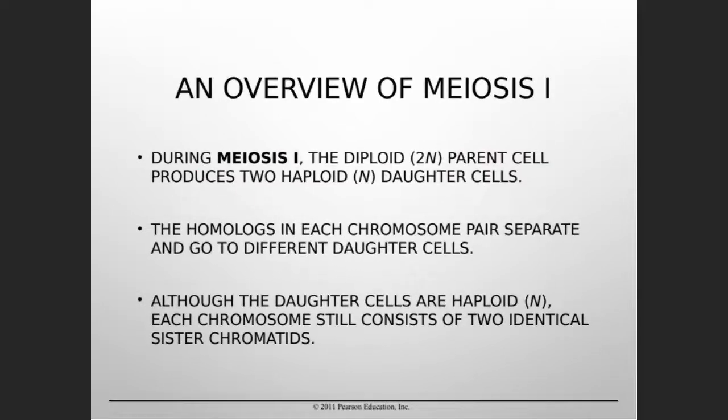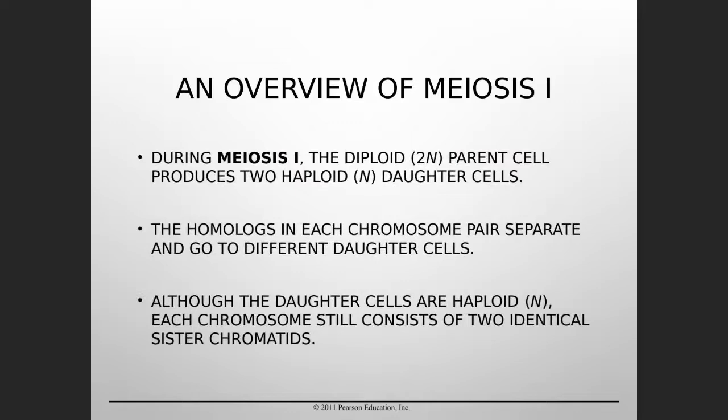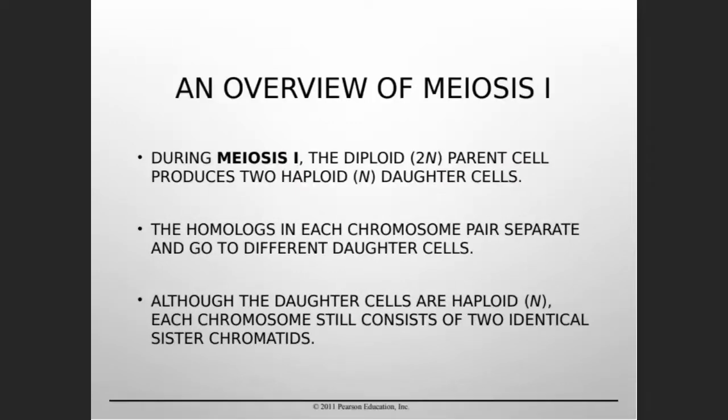That is the purpose of meiosis 1, to halve the ploidy number. The homologs in each chromosome pair separate and go into different daughter cells. And although the daughter cells are haploid, just N or 1N, each chromosome still consists of 2 identical sister chromatids. Remember, you replicated them, so you still have this 1 chromosome that is made up of 2 sister chromatids.